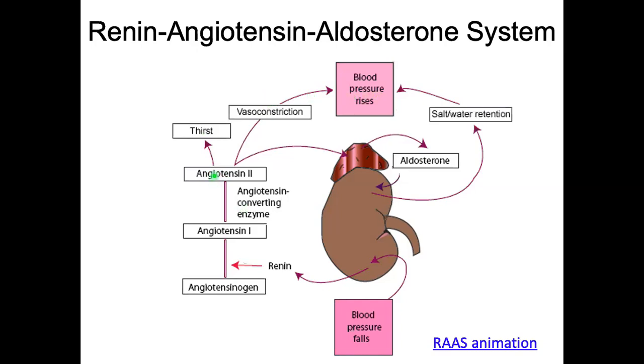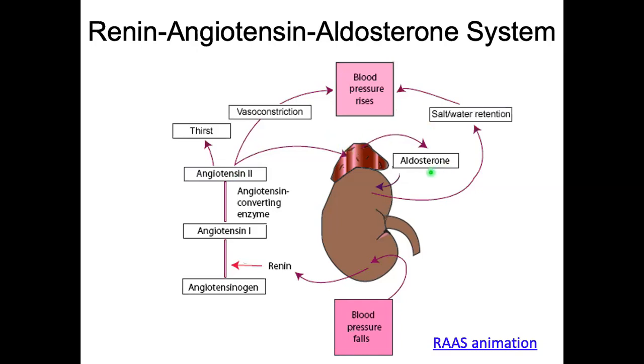And then angiotensin 2 is going to target your adrenal gland. Do you remember what zone of the adrenal gland releases aldosterone? It's going to be the outermost layer, the more superficial, the zona glomerulosa. The zona glomerulosa is going to respond to the angiotensin 2 by releasing aldosterone.